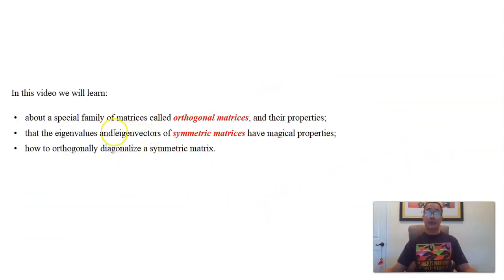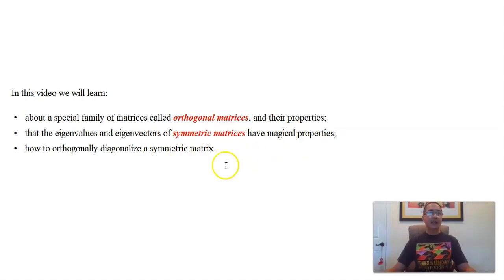We are going to look at this special family called orthogonal matrices and what makes them special. What are their properties? Then for the main event, we will look at symmetric matrices and we will see that their eigenvalues and their eigenvectors are very special. They're almost what you might call magical.